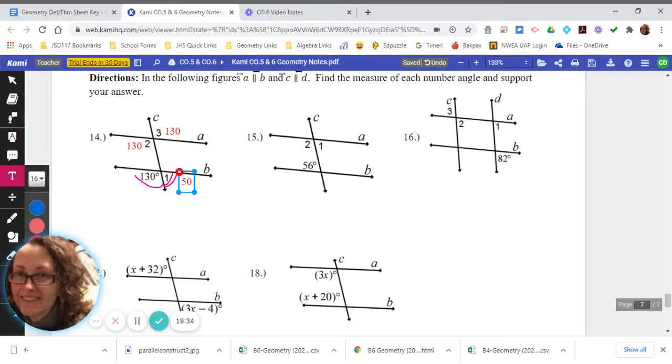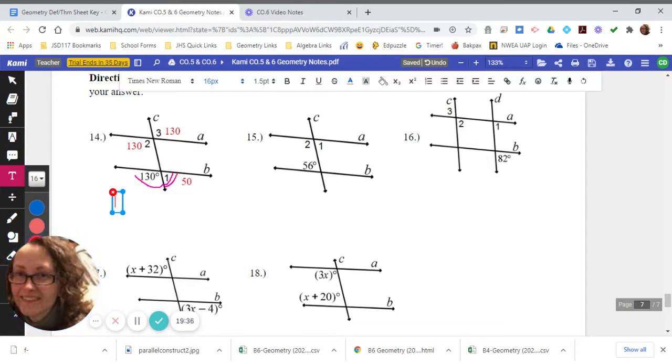So here I said that the measure of angle 1 is equal to 50. That's a little bit different notation than what we're used to. If I'm wanting to say an angle is equal to something, I have to actually use the little m to say that the measure of that angle is equal. So the measure of angle 1 is equal to 50.